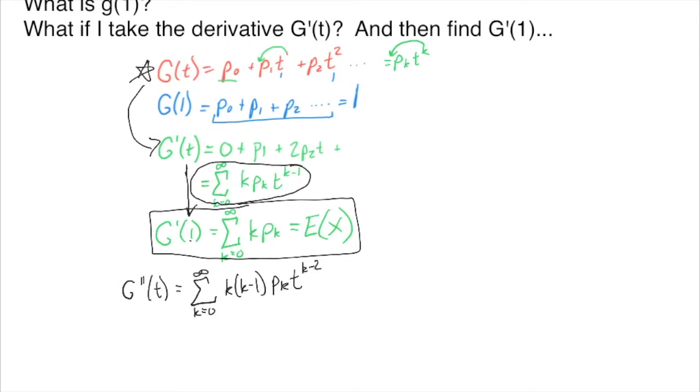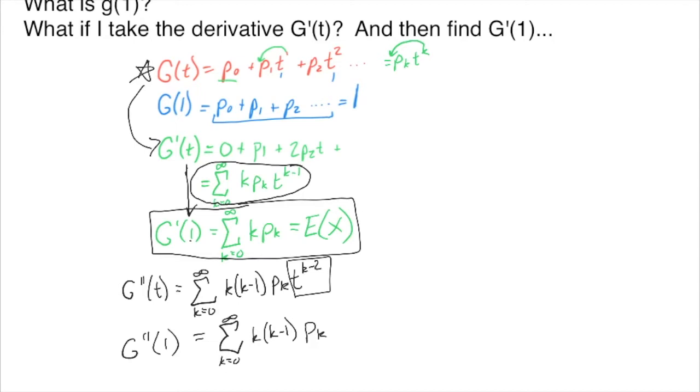Now if we take that, and again we're going to do G double prime of 1, we then get the summation from k equals 0 to infinity of k times (k minus 1) times p_k, because this right here is going to be 1 when I put 1 in for t.